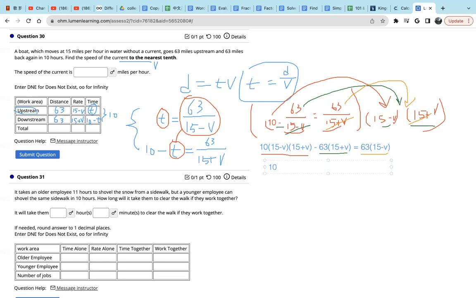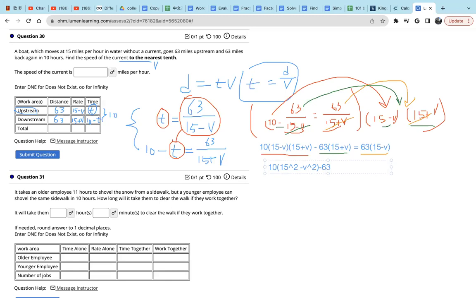So 10 times 15 squared. Well, 15 times 15 actually is 225, you can use a calculator. 225, the difference of two squares, then minus V squared. Then minus 63 times 15. Maybe I should keep a 15 squared because I have a lot of 15s in this calculation.